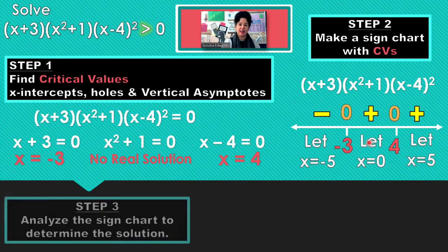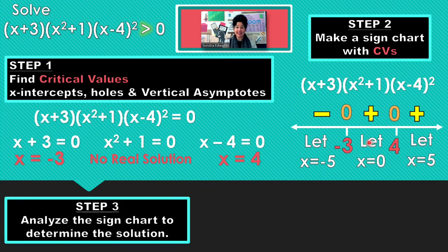Okay, so finally, we're ready to analyze that sign chart. So you're going back to the original inequality. When you go back to that inequality, you see we have a greater than symbol. So if we're looking for greater than 0, numbers that are greater than 0 are positive numbers.